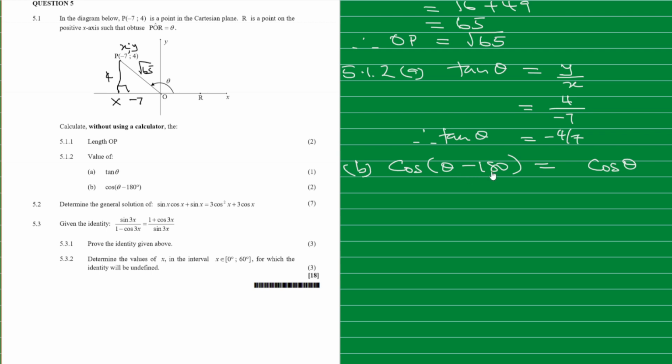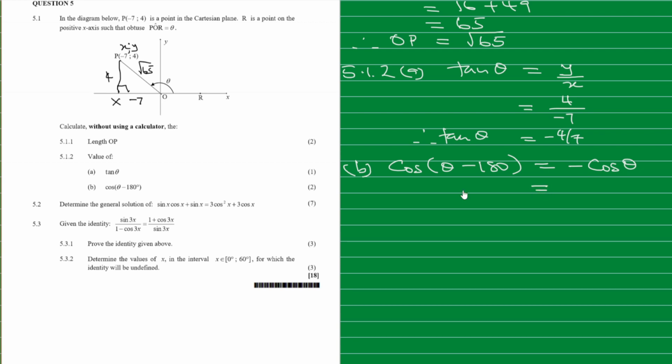Now we have to determine what quadrant theta minus 180 is in, and that one is the third quadrant. So in that case, we use a CAST diagram. Cos is negative in the third quadrant. So when we reduce this, it will give us a function value of theta, which is minus cos theta.